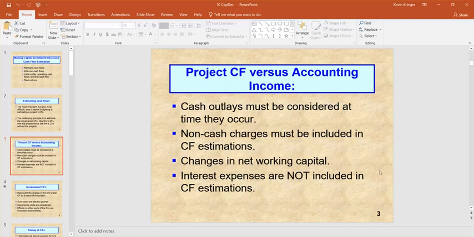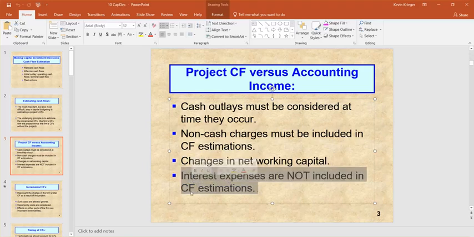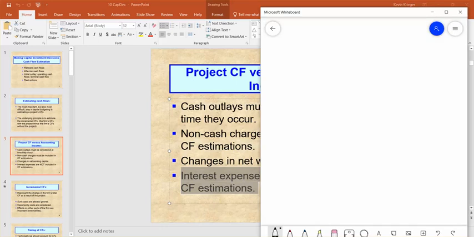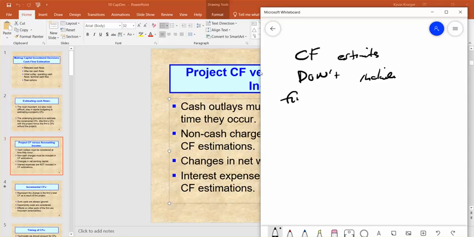One thing to please keep in mind: financing costs like interest expenses are not included in your cash flow estimations. So that's weird, right? Your cash flow estimates don't include financing costs like interest that you owe to your debt holders.